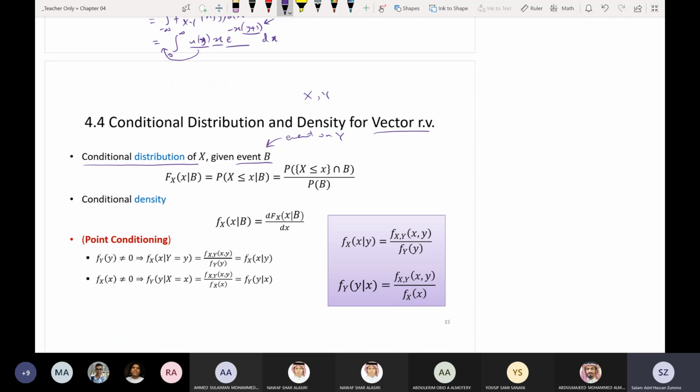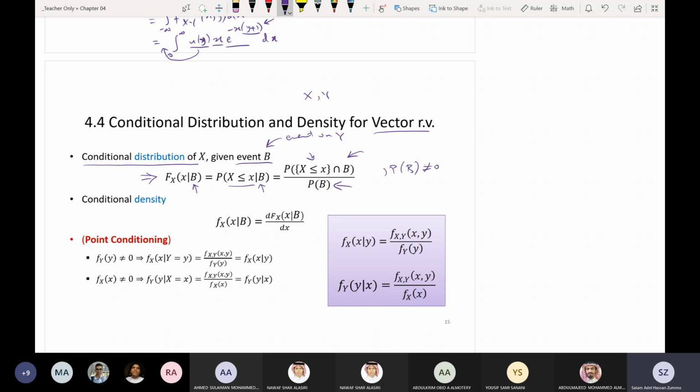In chapter 2, we defined this conditional distribution function given any event B, and we were able to calculate it. It is the probability that X is less than or equal to a specific number x, given B, which equals the probability of the intersection of X less than or equal to x and B, divided by the probability of B. This is given that B is not an impossible event.